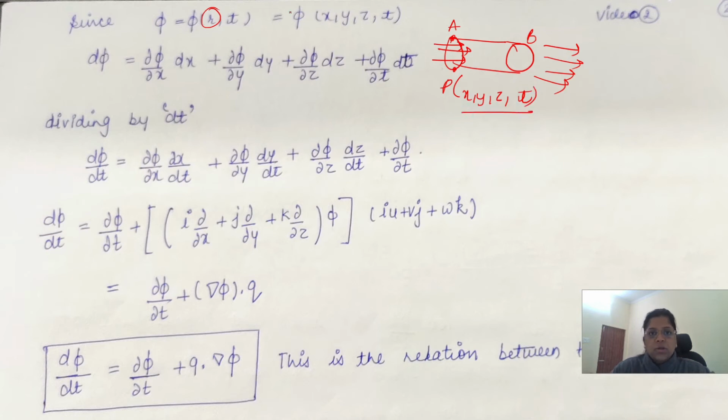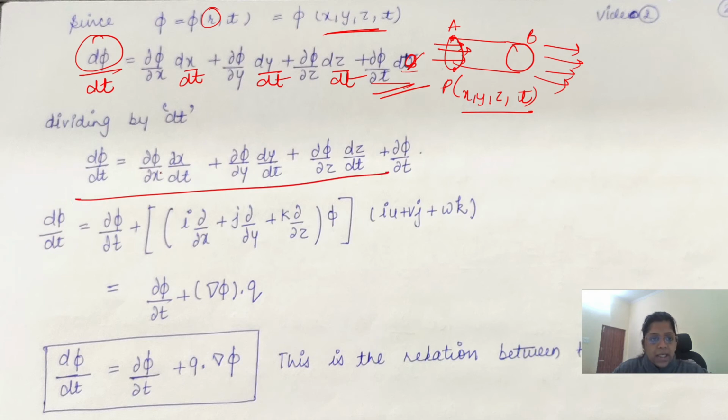Similarly, they have shown here: d phi equals del phi by del x dx plus del phi by del y dy plus del phi by del z dz plus del phi by del t dt. Now dividing throughout by dt, we get del phi by del x dx by dt, dy by dt, dz by dt, and d phi by dt.